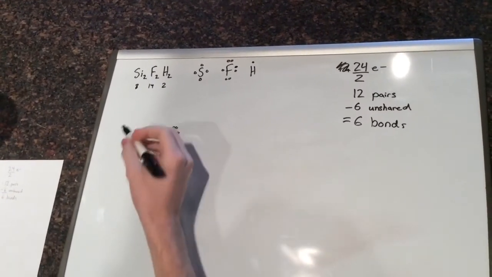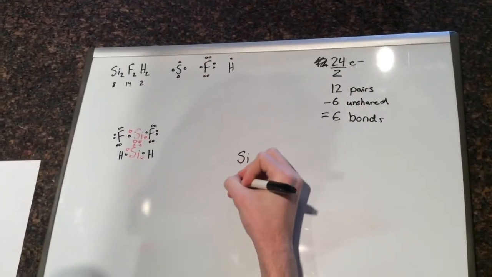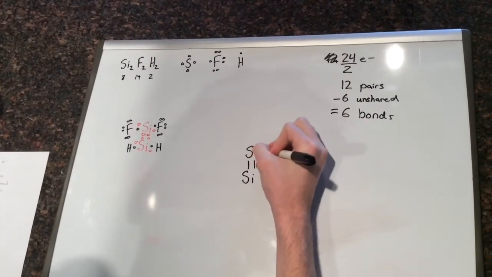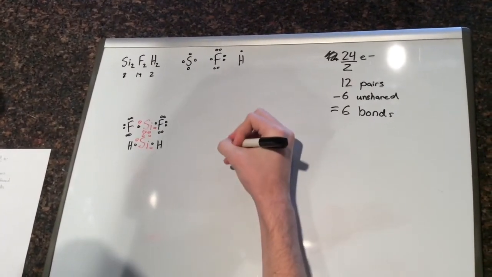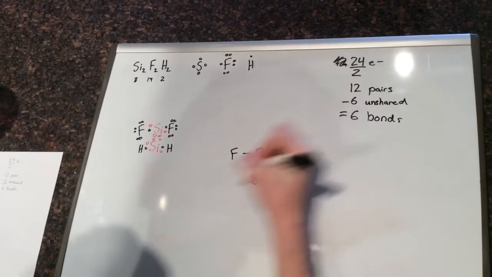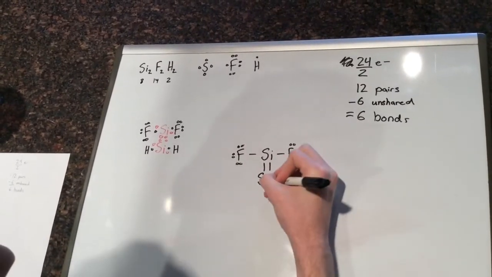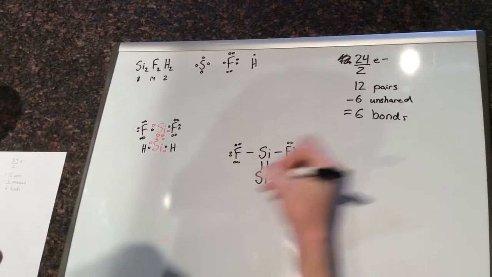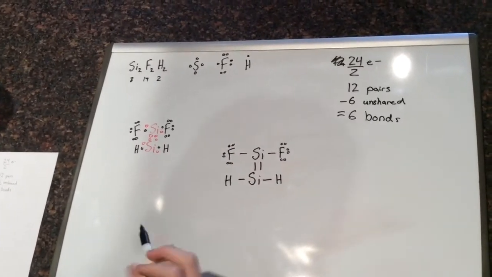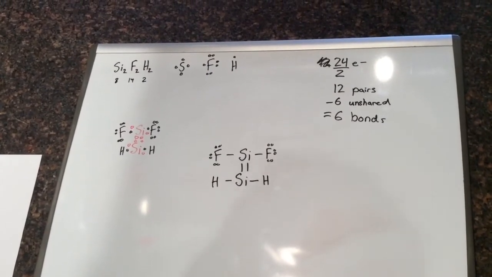So on our finished Lewis dot structure, this is going to look like silicon double bonded with itself, single bonded to 2 fluorines, and then the bottom silicon is bonded with 2 hydrogens. And that is the finished Lewis dot structure for disilicon difluoride dihydride.